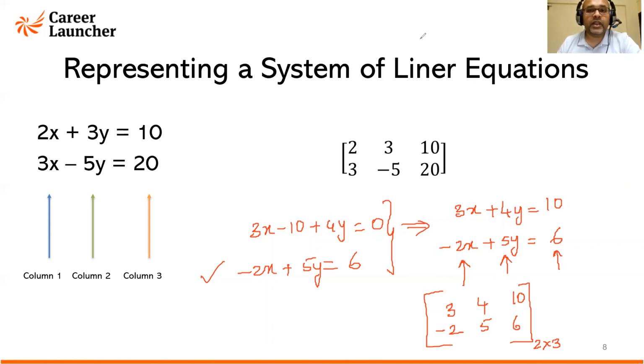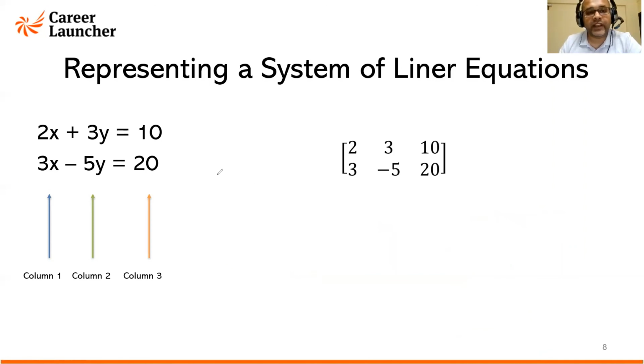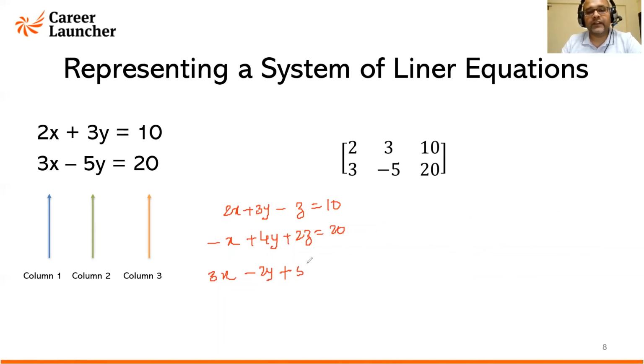If you have 3 variable equations, you will still get a matrix out of it. Now what happens in a 3 variable equation? Very quickly, let us say I have 2x plus 3y minus z equal to 10, minus x plus 4y plus 2z equal to 20, 3x minus 2y plus 5z equal to 45.